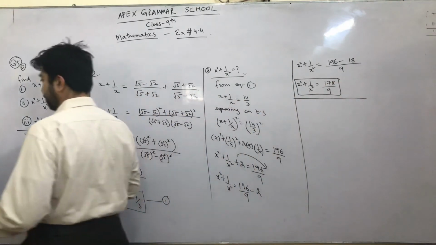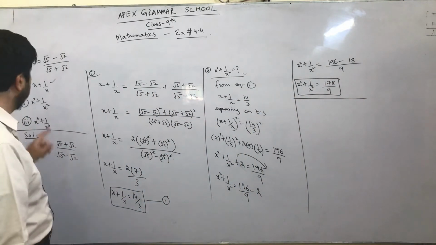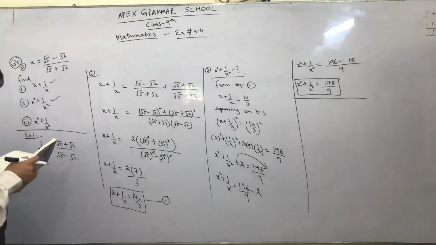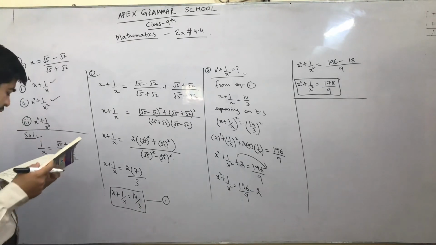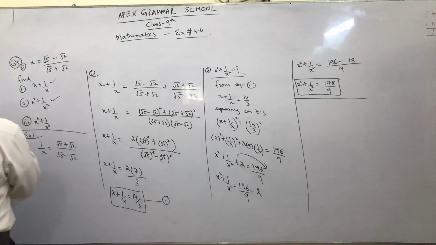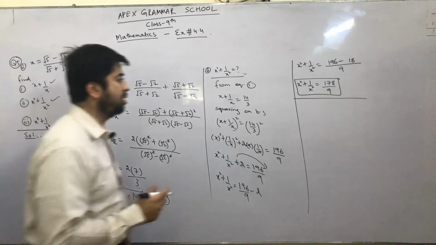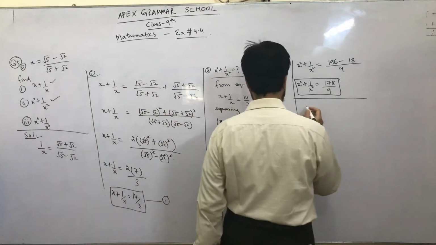After that, you have to calculate the value of x cube plus 1 over x cube. You better know that from exercise 4.2, or you can apply both the formulas, or you can do it with your own technique also.